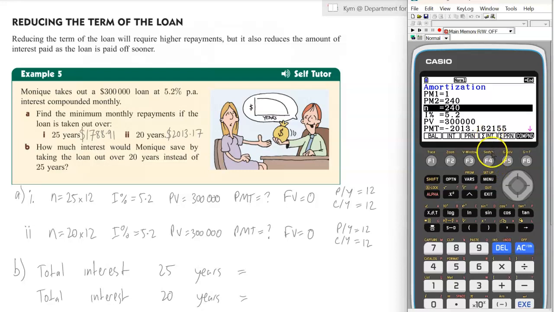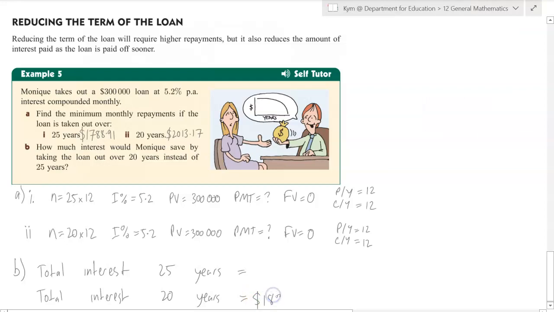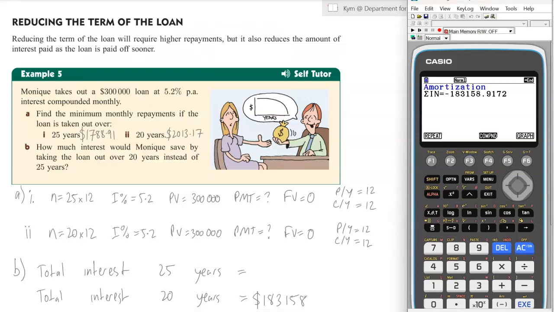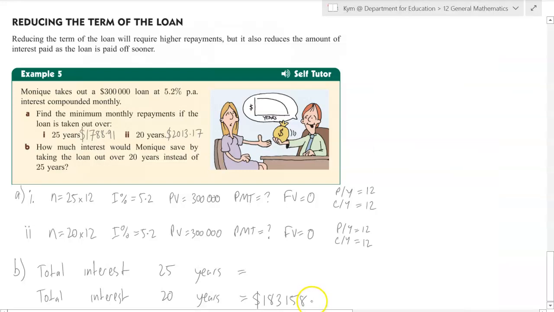The total sum of all interest here works out to be $183,158.92. So $183,158, and what was it? 92 cents, rounding up.